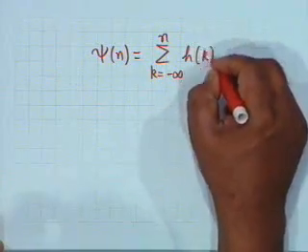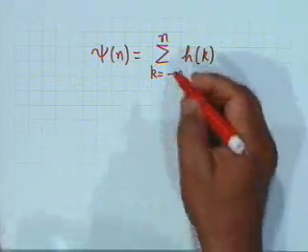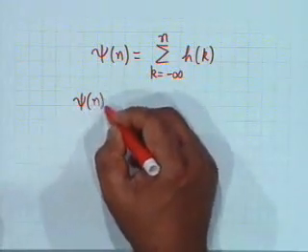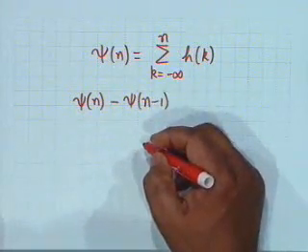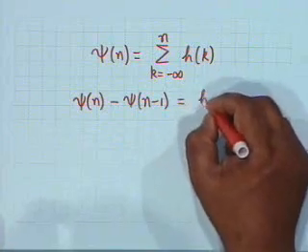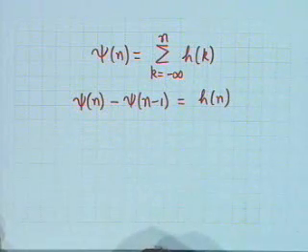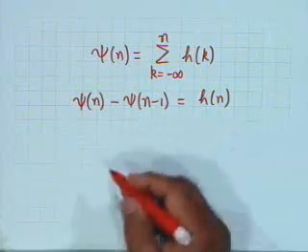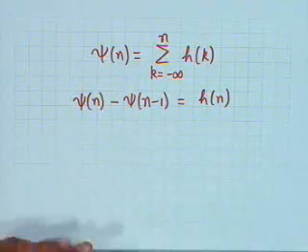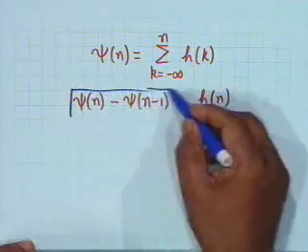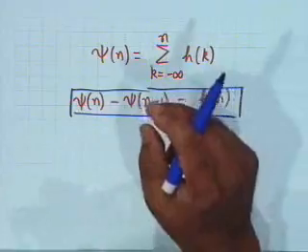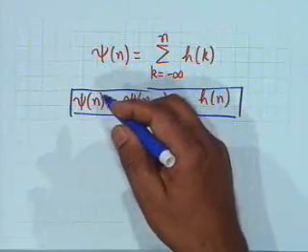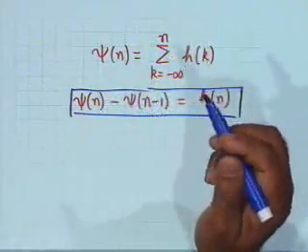Is the derivation clear? Now you notice that if I subtract from psi of n, psi of n minus 1, what do I get? I simply get h of n. Isn't that right? And therefore this is a simpler relationship between the unit impulse response and the unit step response. The unit impulse response is simply the difference between two unit step responses, psi of n and its previous sample, psi of n minus 1.